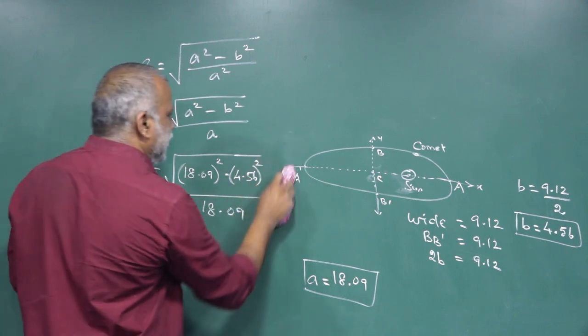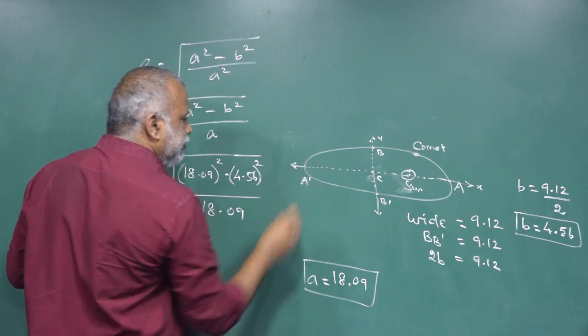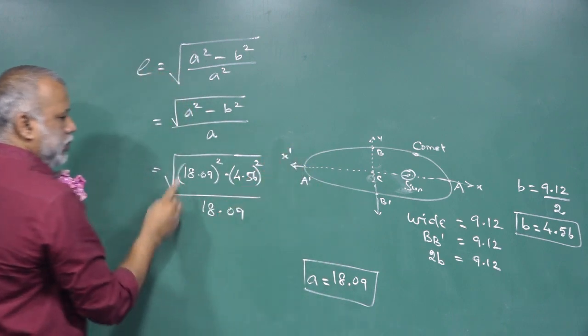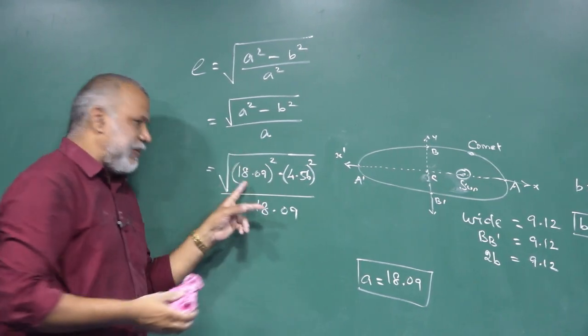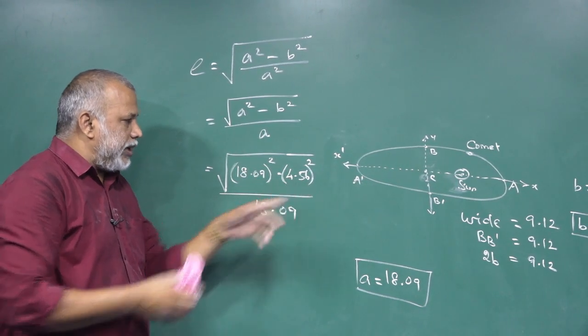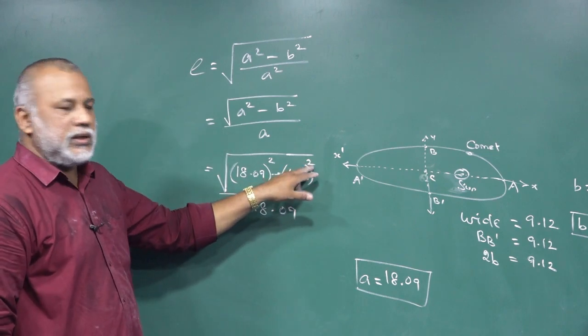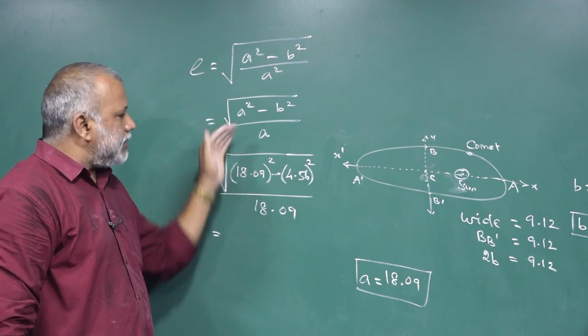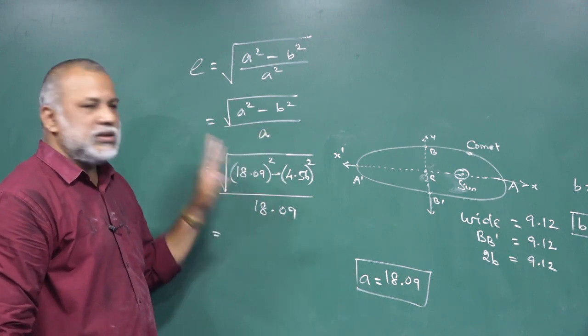18.09. So dear students, you have to do the calculation and simplify this. This is 18.09 whole square. Expand it. Again work out 4.56 whole square. Here you have a negative symbol, so subtract this one. Then take the square root. After that divide by 18.09.